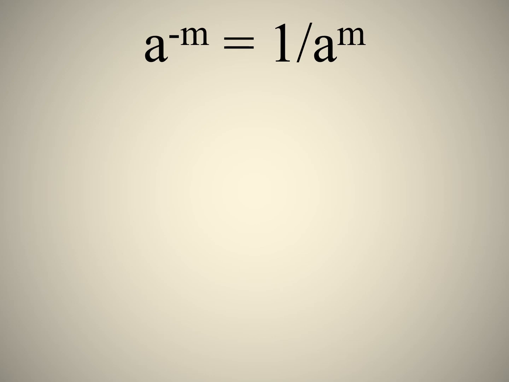The next law is a raised to minus m equal to 1 by a raised to m.